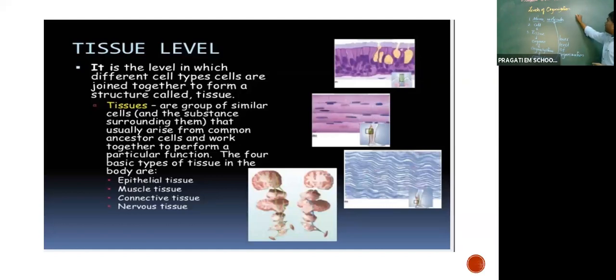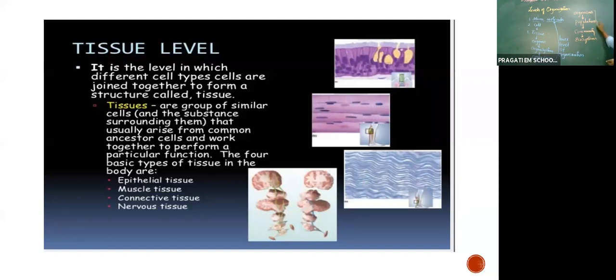Whereas next level, organisms are grouped into populations. Then populations are grouped to form community, and the communities are combined to form ecosystem or ecosystems.